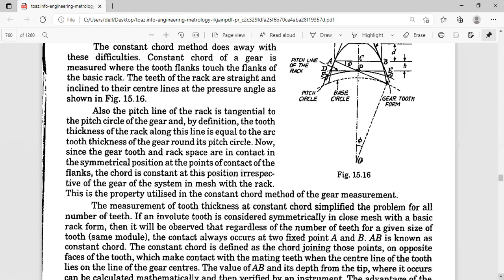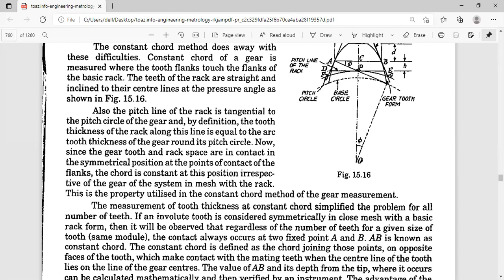The measurement of this particular thickness is known as the constant chord, and AB is known as the constant chord here. How do you define the constant chord? It is a chord joining the two fixed points A and B. How do you get the two fixed points?